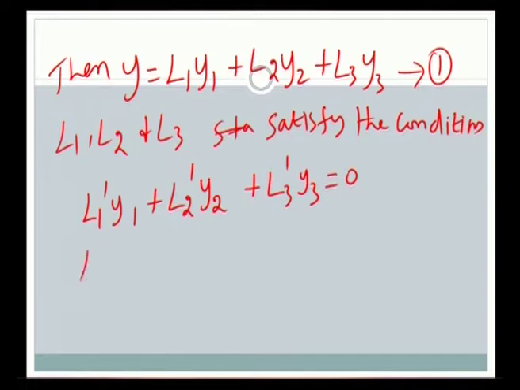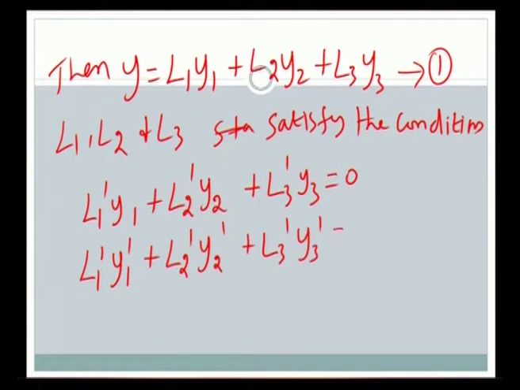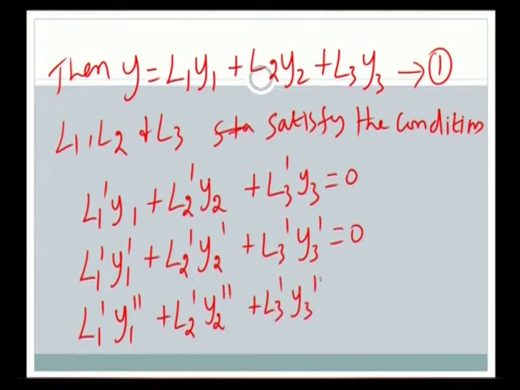Then the next thing is L1 prime y1 prime plus L2 prime y2 prime plus L3 prime y3 prime is equal to 0. Then the third condition is L1 prime y1 double prime plus L2 prime y2 double prime plus L3 prime y3 double prime is equal to q.